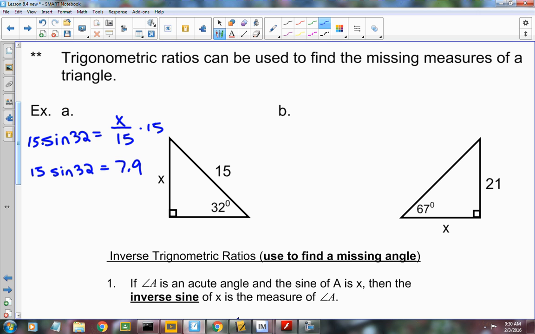Everybody get 7.9? Important that you get the right answer using your calculator, okay? Everybody got 7.9? Good.